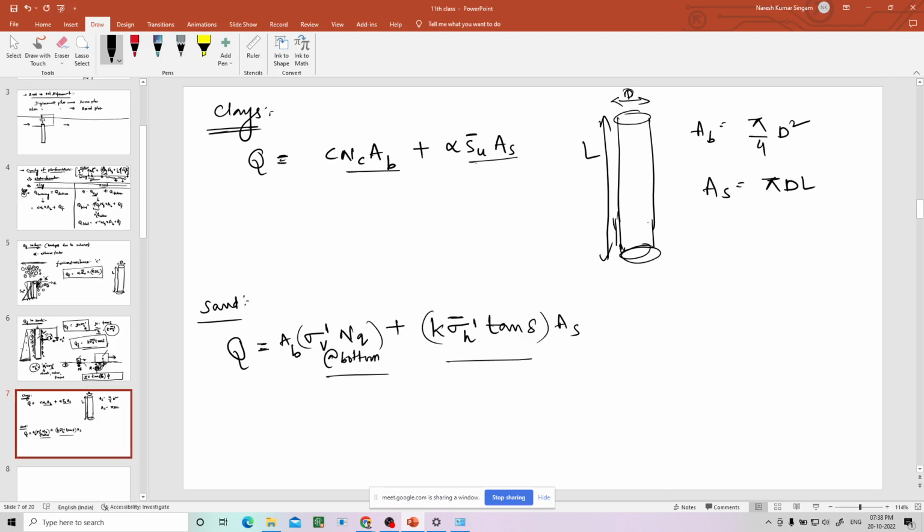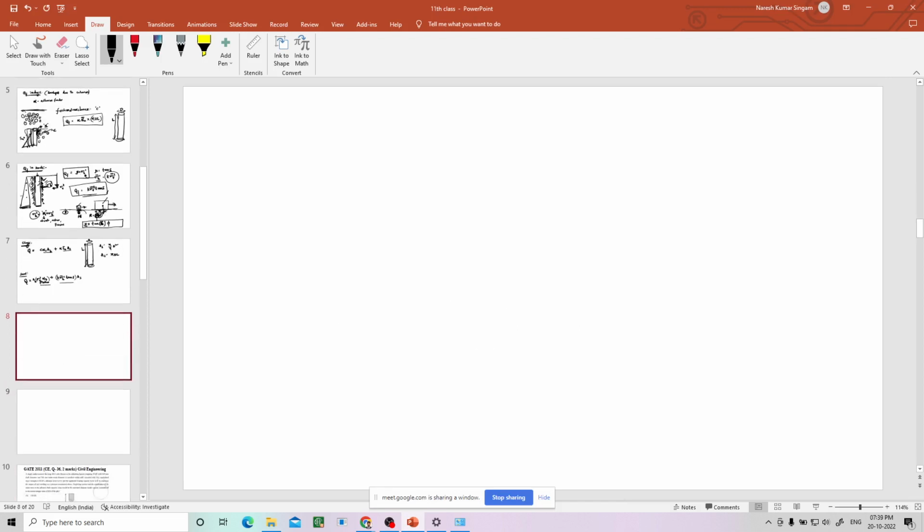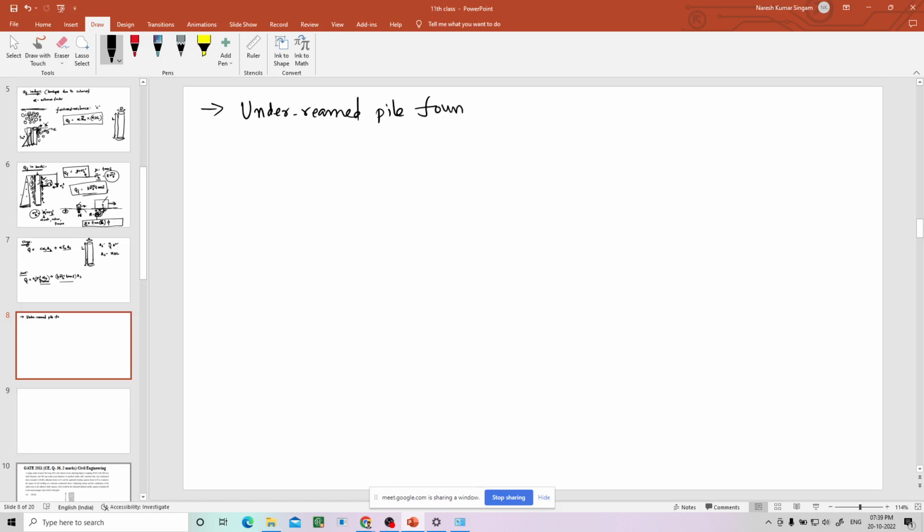Okay. Now we will derive formula for, not derive, already we have derived. So we'll talk about other pile foundation. They are special because of the underreamed portion existing at some depth. So those are called underreamed pile foundations. So how do they look?